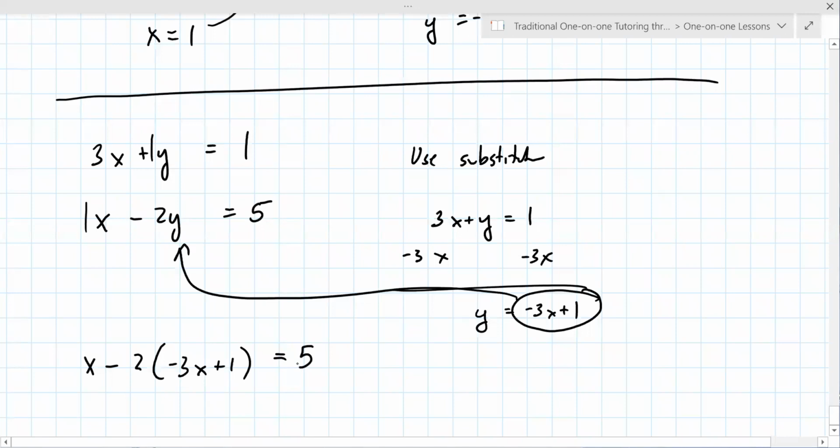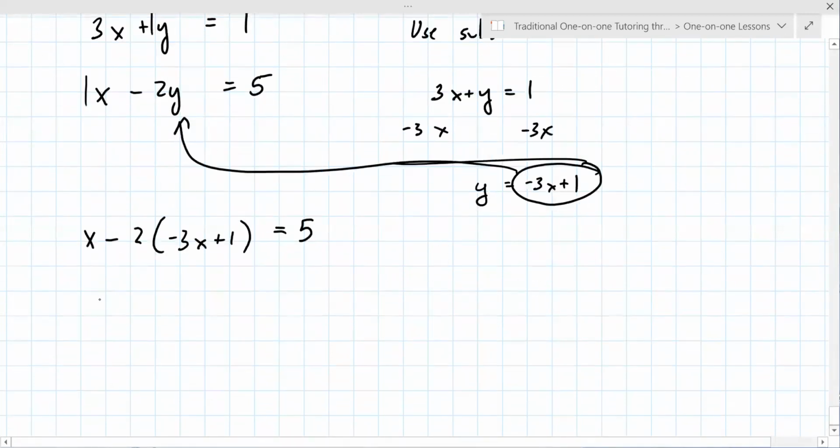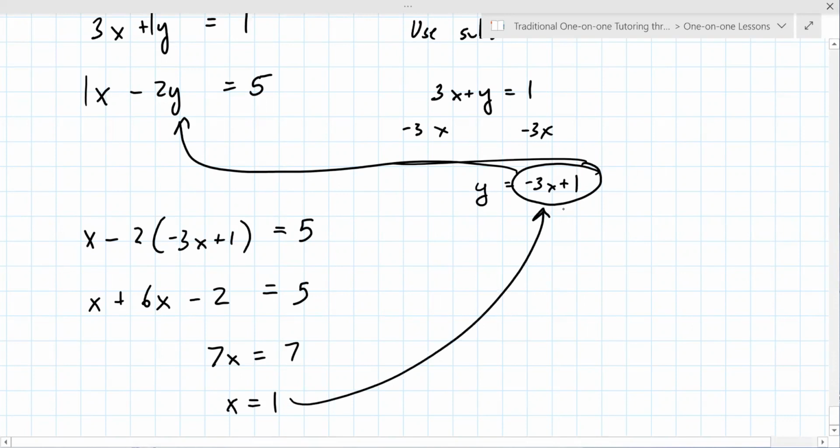That would be x plus 6x minus 2 equals 5. Add the 2 to both sides: 7x equals 7, x equals 1. Insert that 1 into the equation you already solved for y, and you'll get the same exact answer.